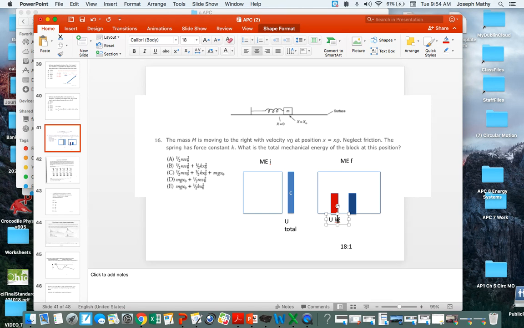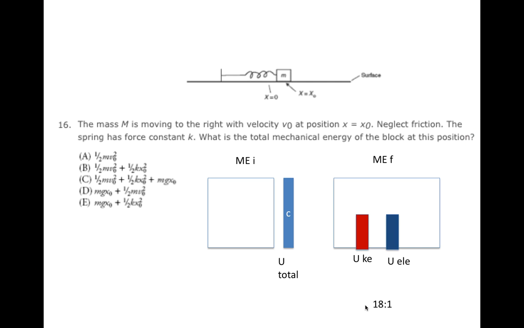And the spring is getting stretched out, so there's got to be some elastic potential energy also. Once again, the way to solve these, I think, is to think about these things as bar charts.